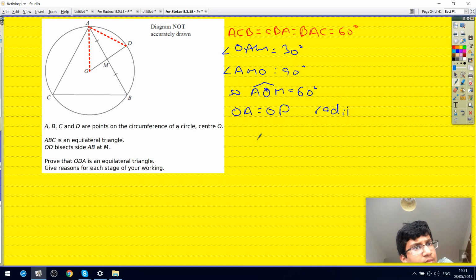Then that must mean that angle OAD and angle ODA are the same. And so is there any way that we can show that? We have OA, we have OD, we just need AD.